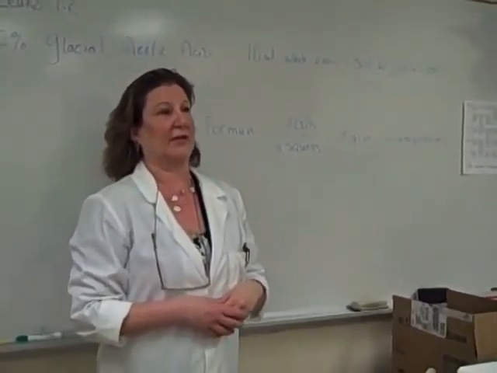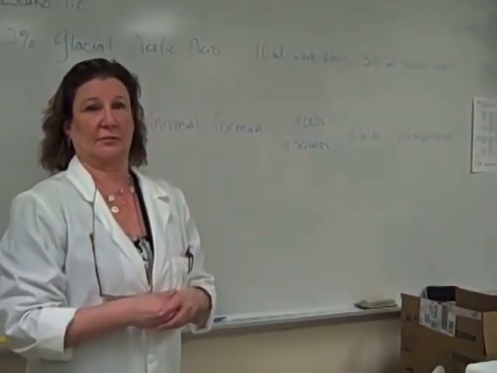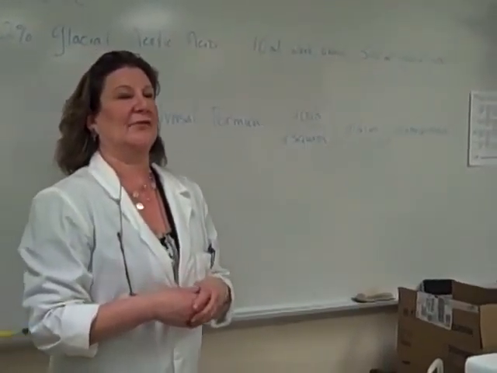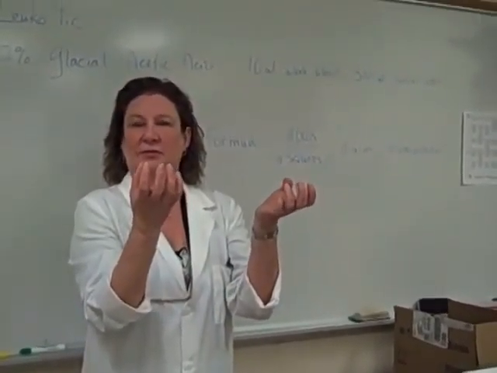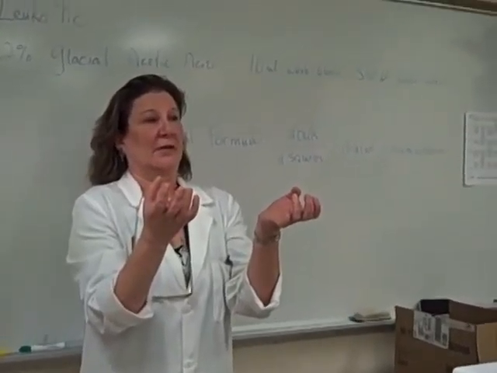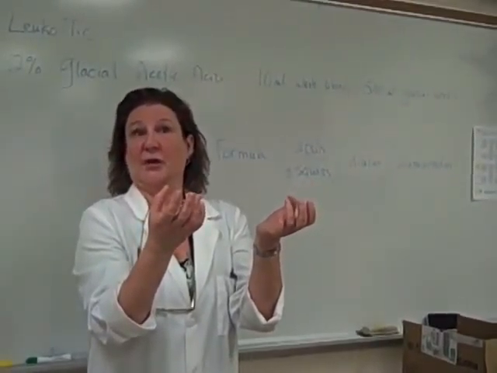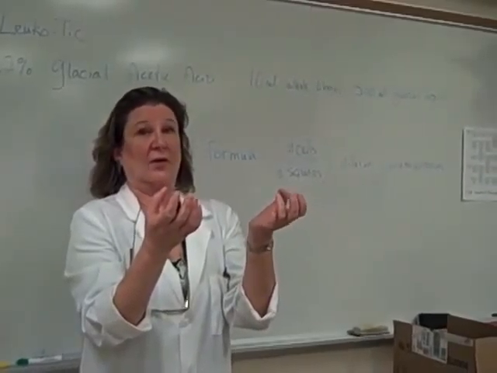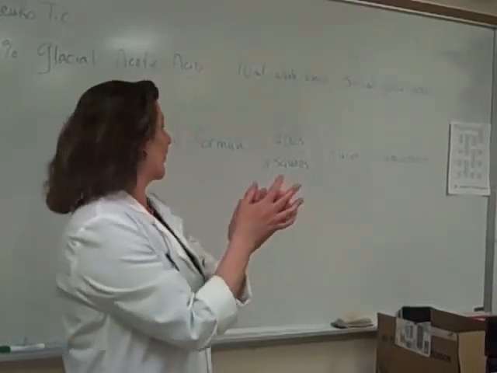So 510 divided by 10 gives me a 1 to 50 dilution. It's just like if you take 1 part blood and 1 part diluent, you have a 1 to 1 ratio, right? But what's your dilution? 1 to 2. Okay. So that's how you figure out dilutions.